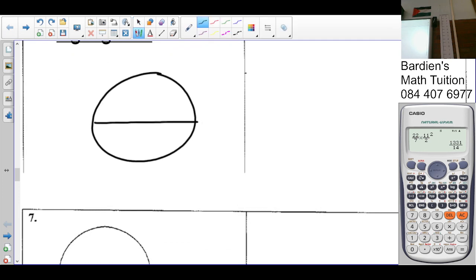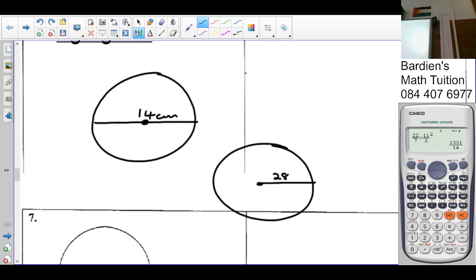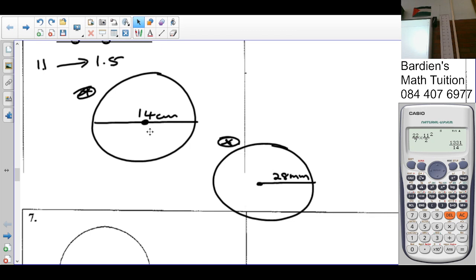You have a diameter here of 14 centimeters, and then another circle with a radius of 28 millimeters. Okay, so you're going to do 1.1 to 1.5 now, then you add these two. I'm going to check your work now. Okay, I'll stop the video at this point.